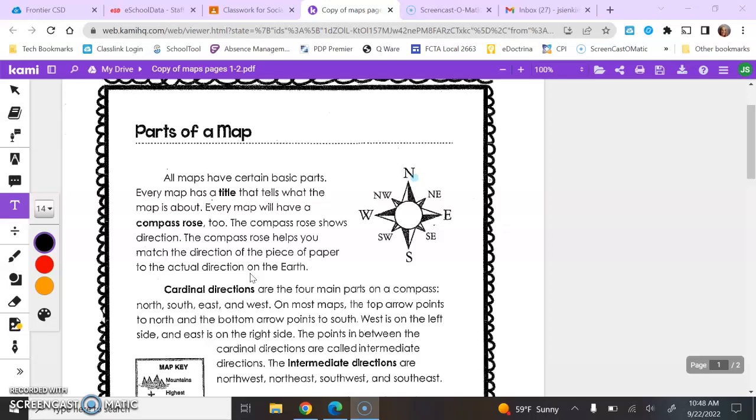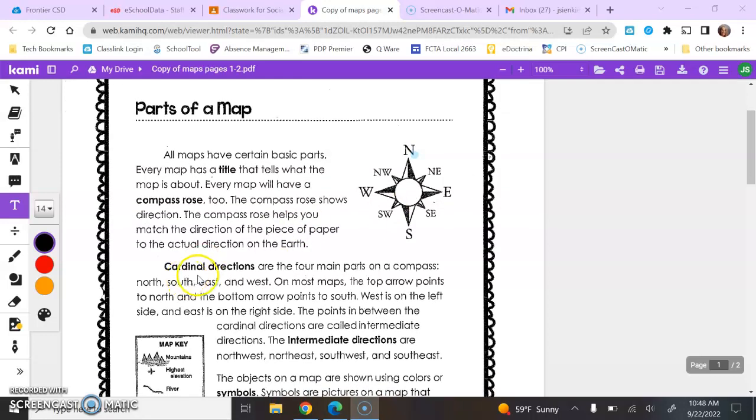So on the side of the page here, you can see our compass rose. On this compass rose, we have something called cardinal directions, and they are the main 4 parts of a compass: north, south, east, and west. On most maps, the top arrow points to the north and the bottom arrow points to the south.